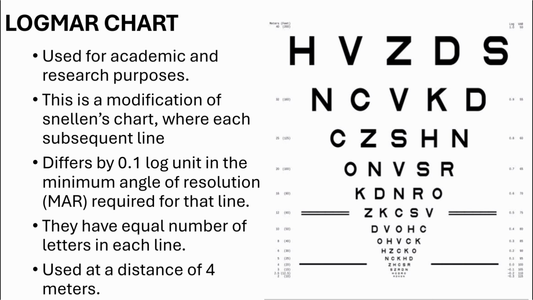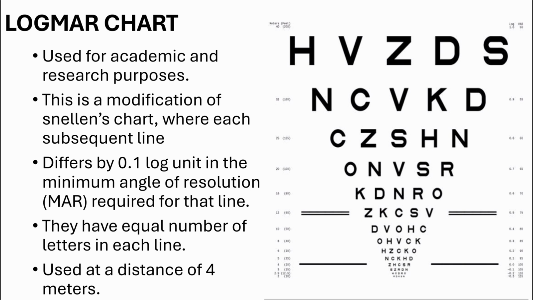LogMAR chart. What is LogMAR chart? LogMAR stands for Logarithm of the Minimum Angle of Resolution. It is a modern standardized chart used to measure visual acuity more accurately and scientifically than the traditional Snellen chart. The main features: scale is logarithmic, with equal steps of difficulty between lines.